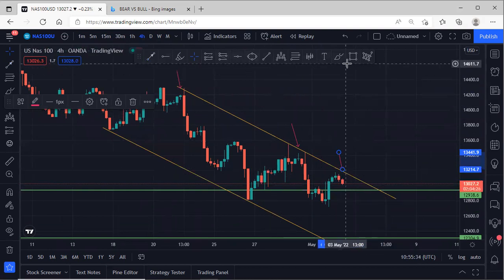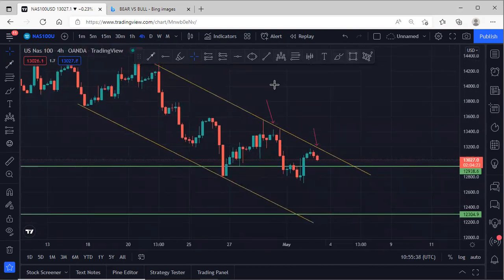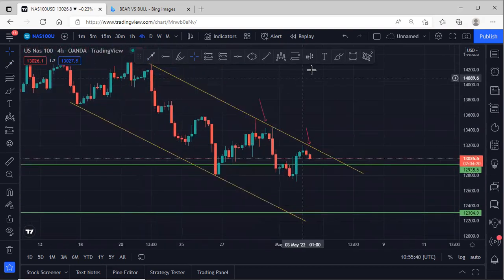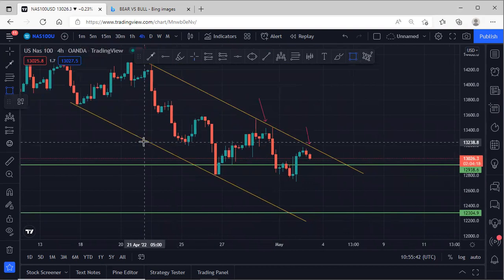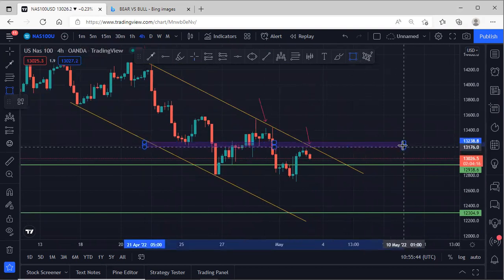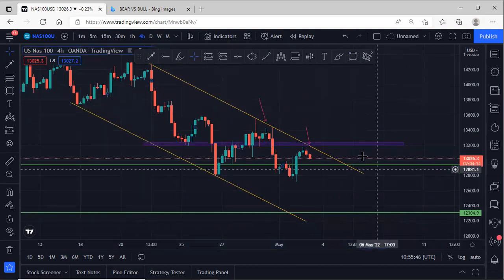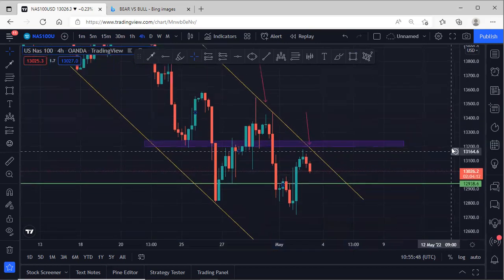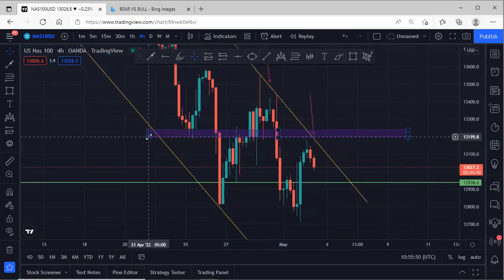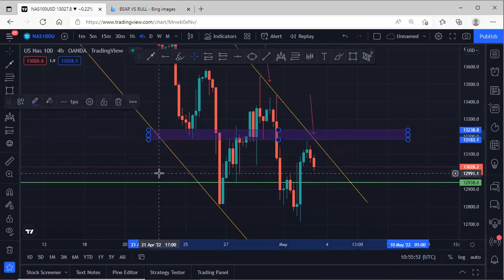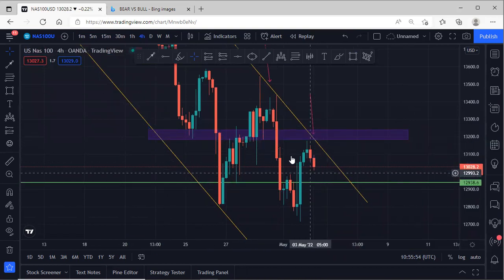But as I'm moving, I'm seeing this key area on the market. This area is quite striking to me. I feel like this is actually an interesting area for me.